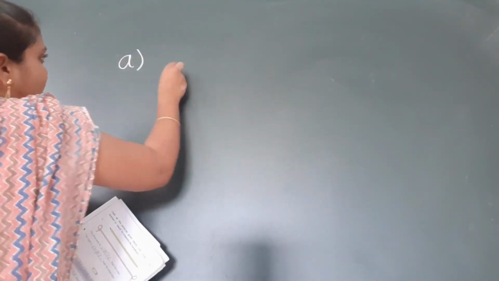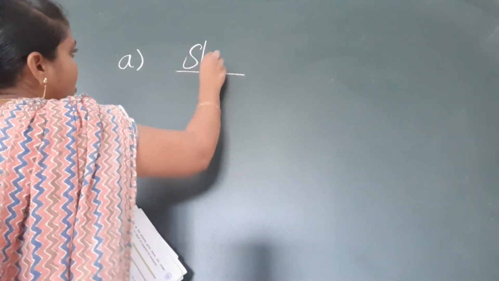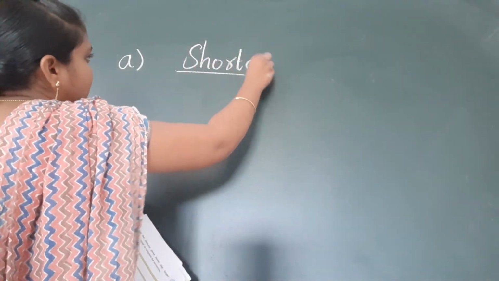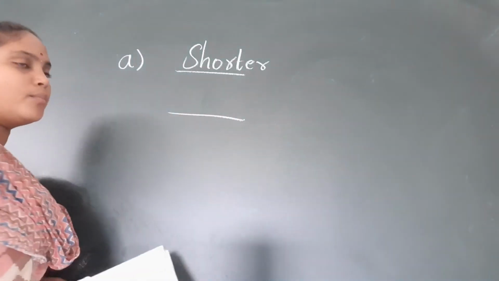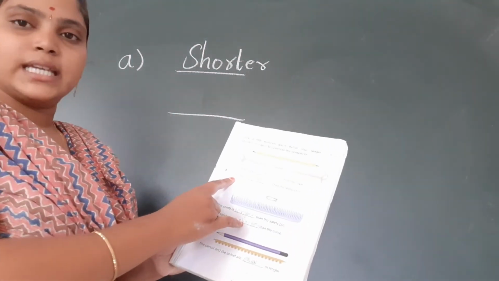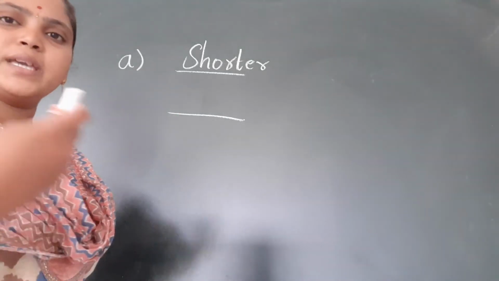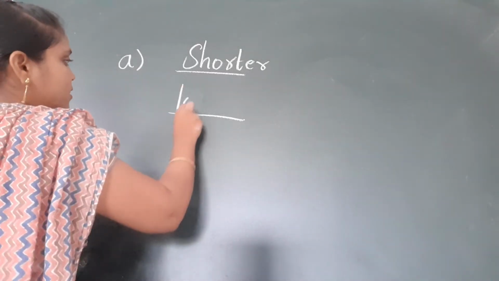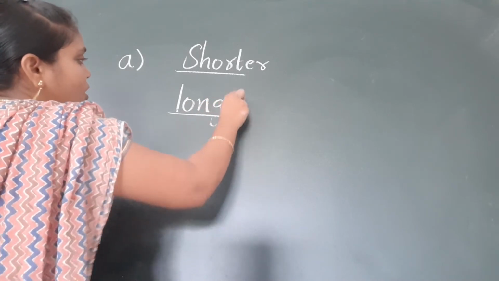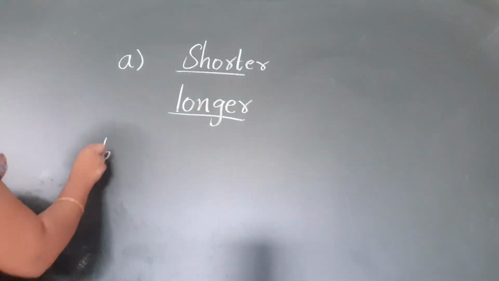Yes, shoelace is shorter. So in first blank we have to write shorter. Shoelace is shorter than the rope. And next one, the rope is dash than the shoelace. So rope is longer or shorter? Yes, rope is longer than the shoelace.